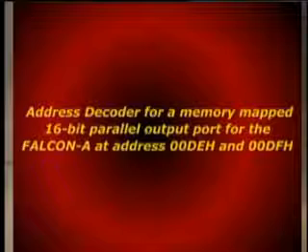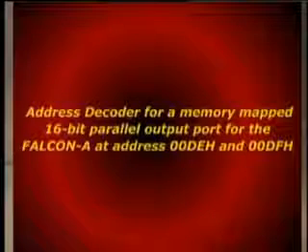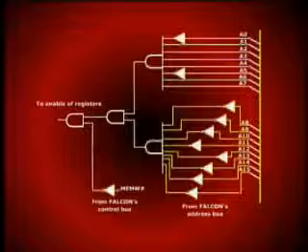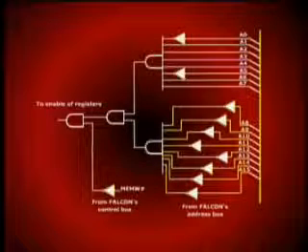The figure shows an address decoder for a memory mapped 16-bit parallel output port for the same Falcon A processor. The address to which it is mapped is now 00DE hex and 00DF hex. You would just see that all the address lines as mentioned are used. Since there is a limitation that an AND gate can take only 8 inputs, we use 2 AND gates.